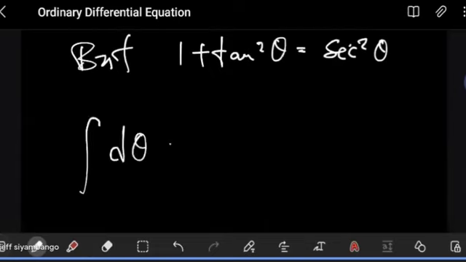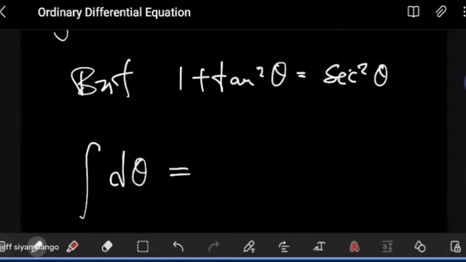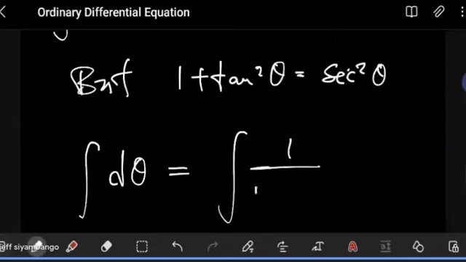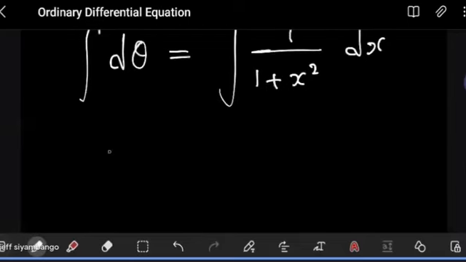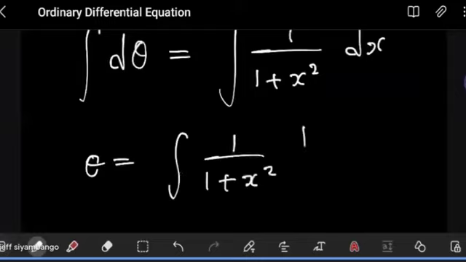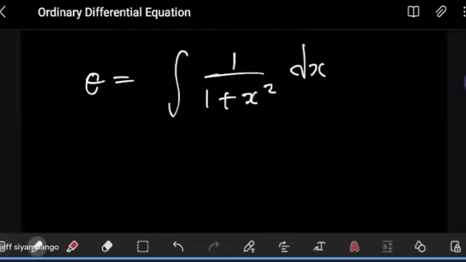On the right side, you also just have this. So the integral of d theta there is just going to be theta. So we bring back what theta was. So remember, what we had was y being equal to tan.